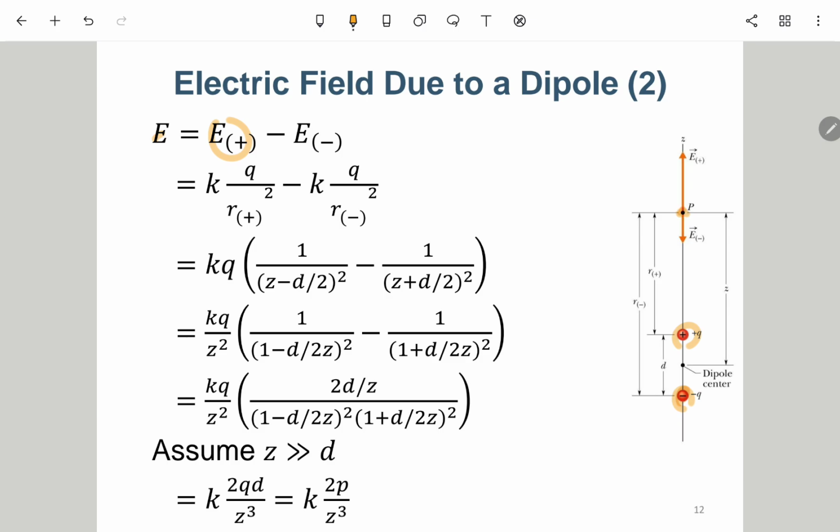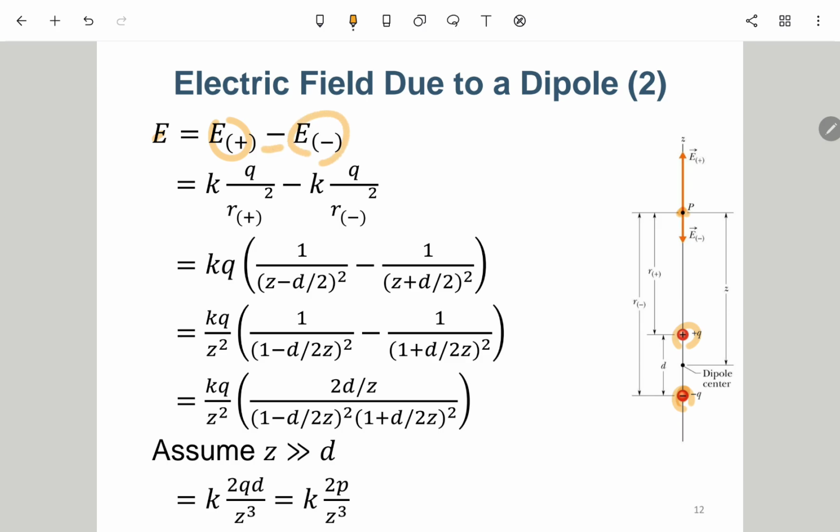So at this point P, the E minus should be pointing downward. We also know that E plus should be slightly larger than E minus, so we will use E plus minus E minus.